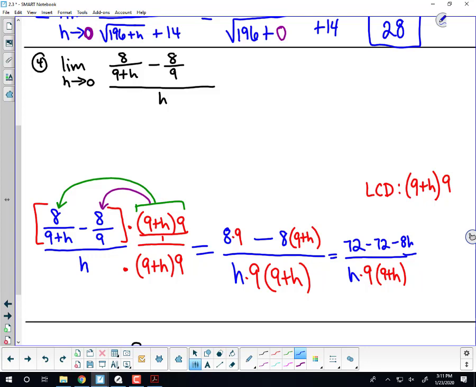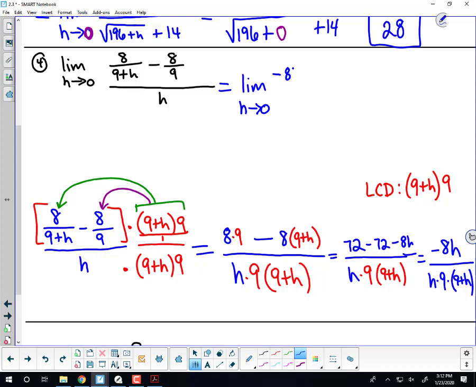Write this here. So I'll just continue this up here. This is the same as the limit as h approaches 0. We've taken the function in front of the limit and we've simplified it. We'll go ahead and simplify it as we progress here.